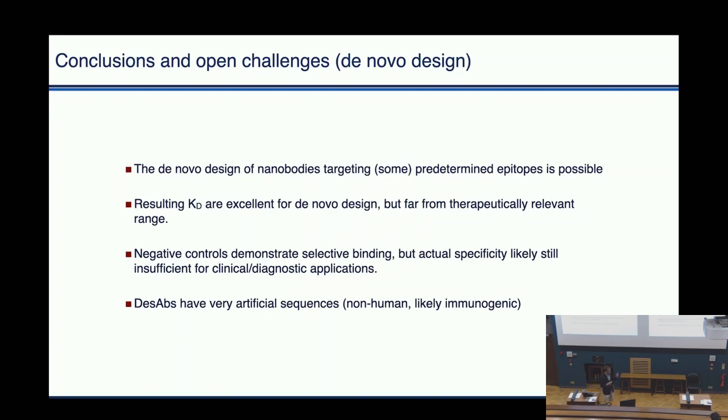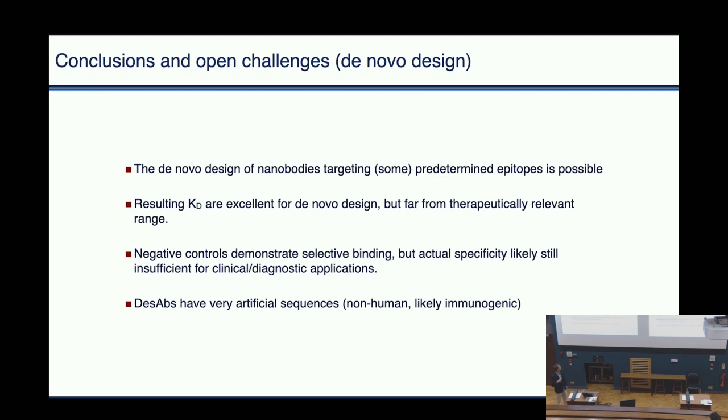So to conclude on this first story, I guess we have shown that the de novo design of antibodies that target predetermined epitopes, at least some predetermined epitopes, is possible, and "some" is because we use a fragment-based design procedure that is a bit limited by what's available in its fragment database.